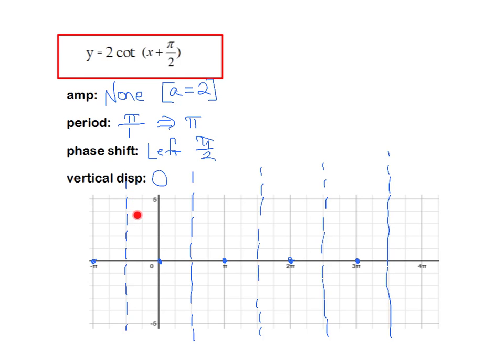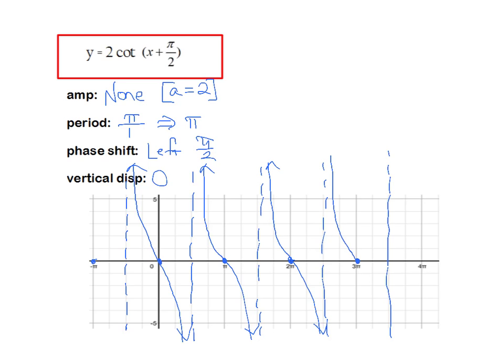Remember, cotangent weaves in here and has kind of a negative slope looking thing. And the A value is a positive 2, so it won't flip, but it is going to stretch a little bit. And so forth.